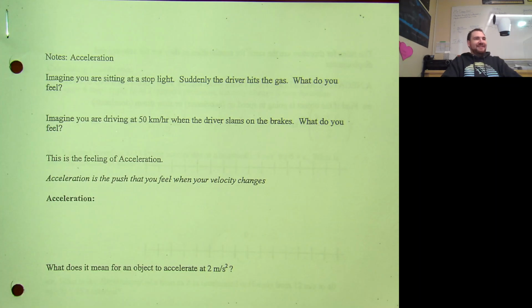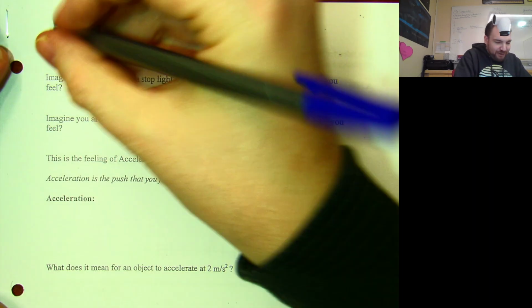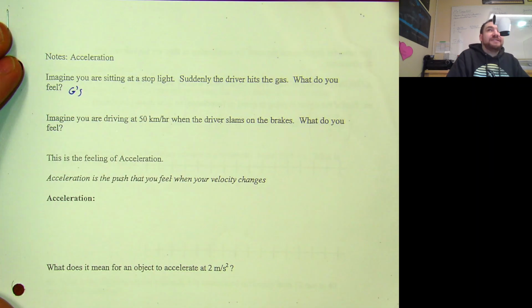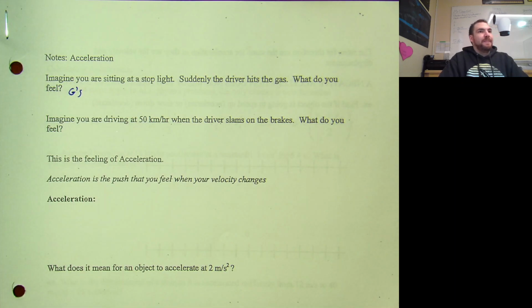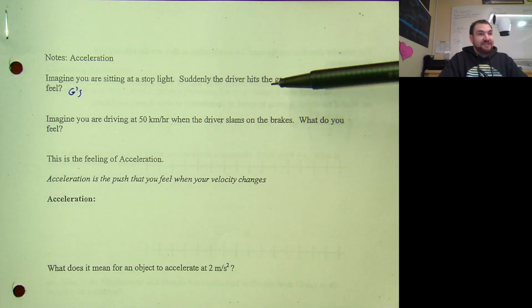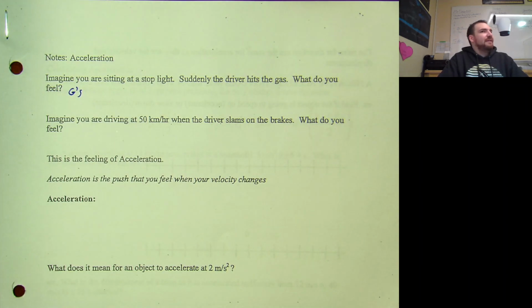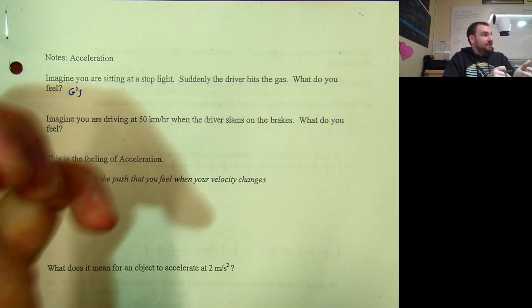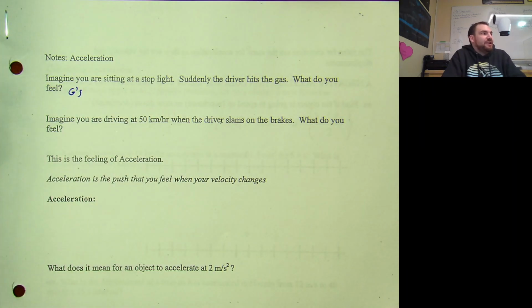Newton. That's the buzzword in physics, right? You danced close enough that you didn't quite say that. So let's write down some of what you said. You said G's. That was Brendan's thought, the idea that he extrapolated: you're not sitting at a stoplight anymore, now you're in a jet, and the jet's accelerating, and it feels like your weight's increasing.